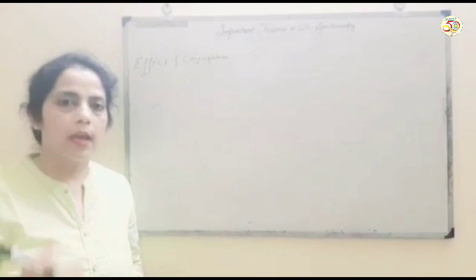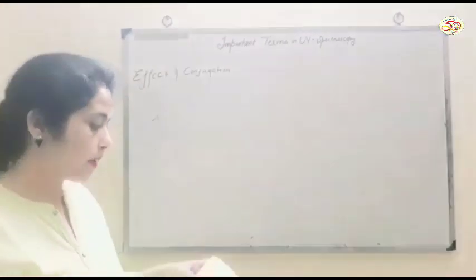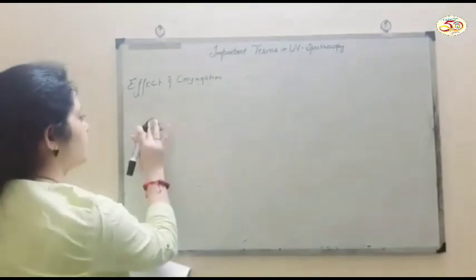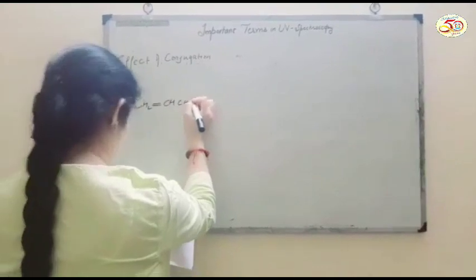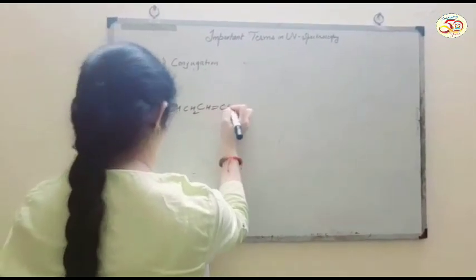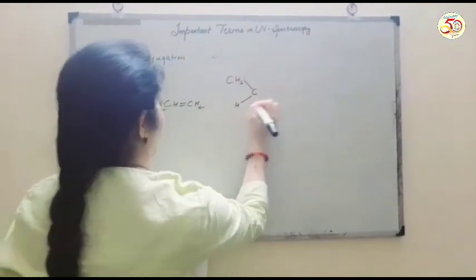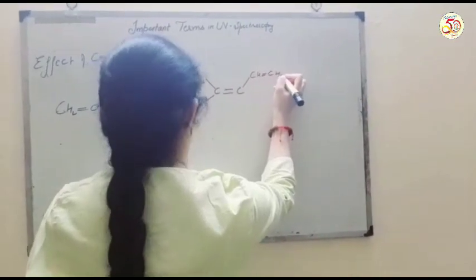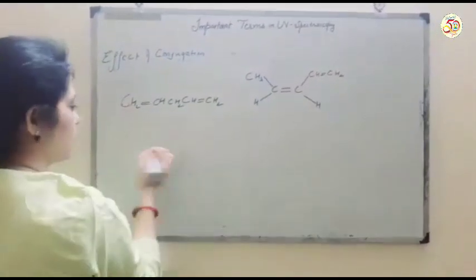This fact can be better understood by an example. For example, we are given a question to identify these three compounds, and we are given the values anonymously.